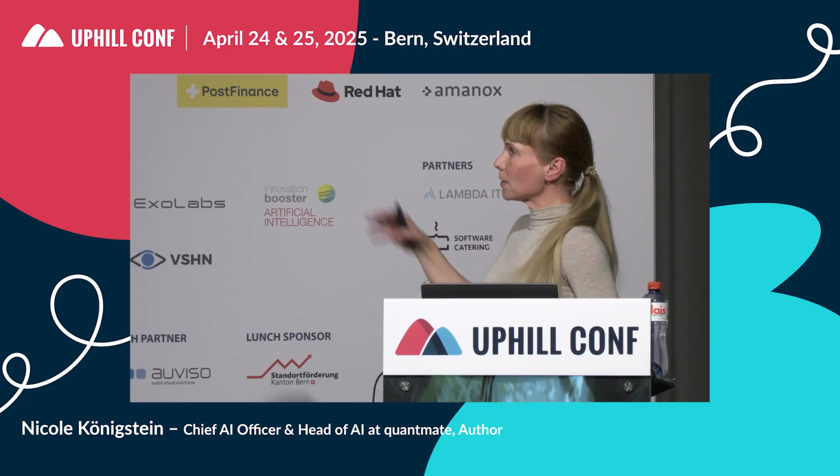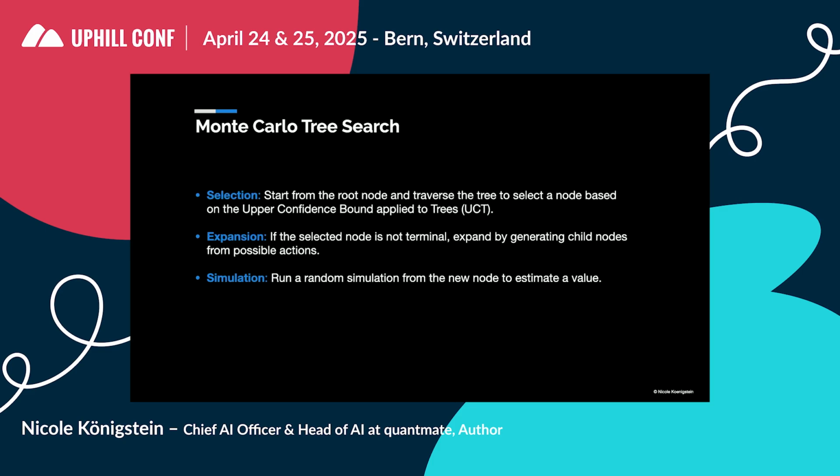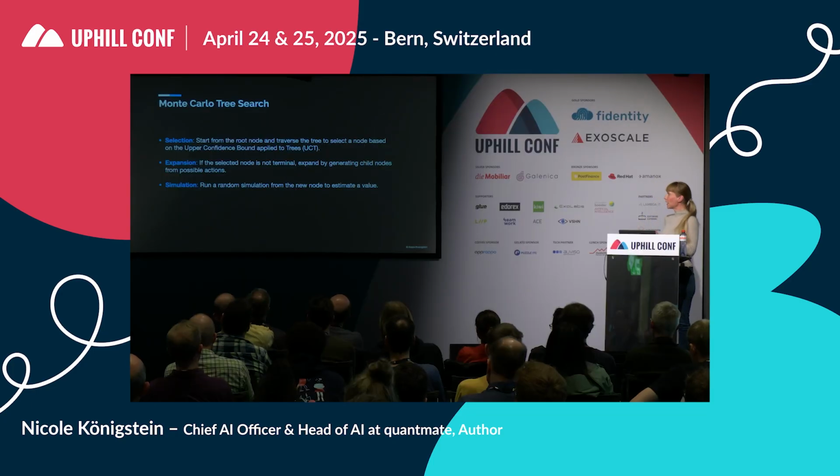And this is a bit of a breakdown of how this works overall. So you start from the root, and then you just traverse through the tree and select a node based on a measurement, which is called the upper confidence bound. This is then applied, of course, to the tree. Then you have the expansion.